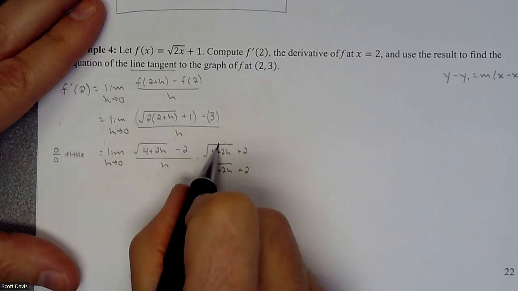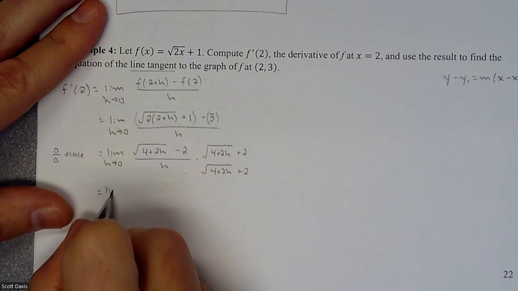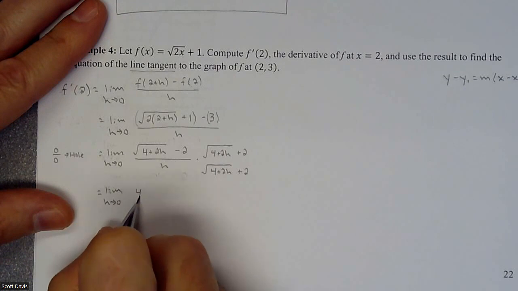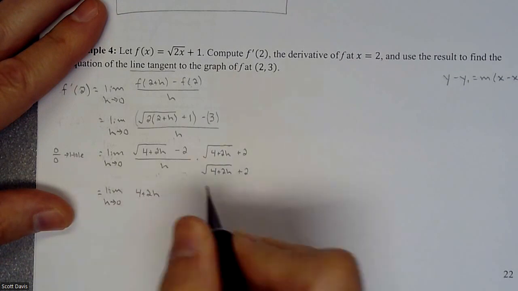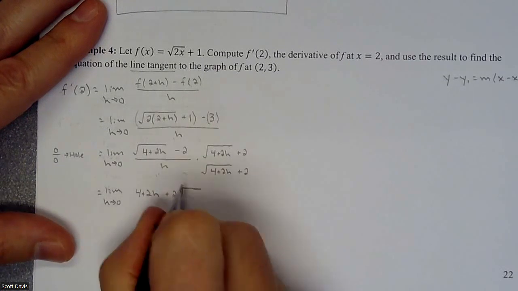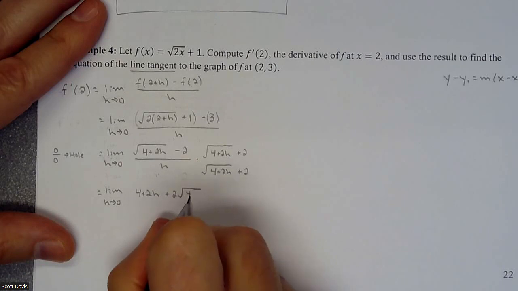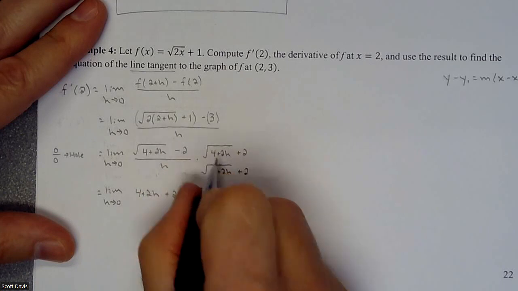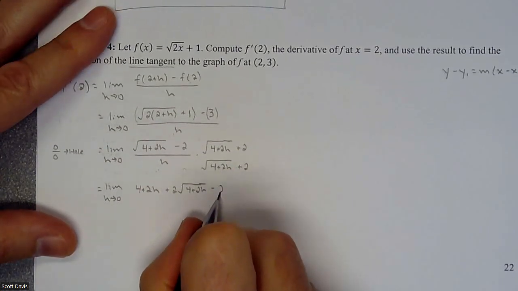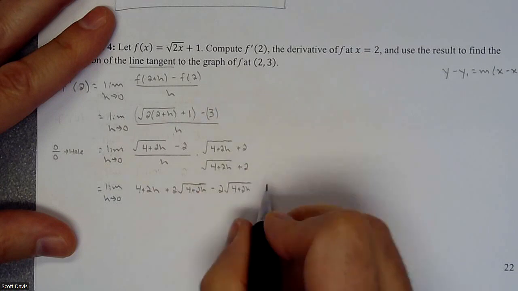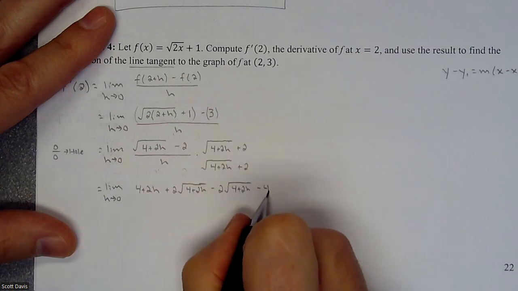So if I multiply this square root times this square root, still have a limit as h approaches 0, this just becomes 4 plus 2h, and then I would have a plus 2, right? 2 times the square root of 4 plus 2h, and then minus that distribution, minus 2 times the square root of 4 plus 2h, and then a negative 2 and a positive 2, so minus 4.